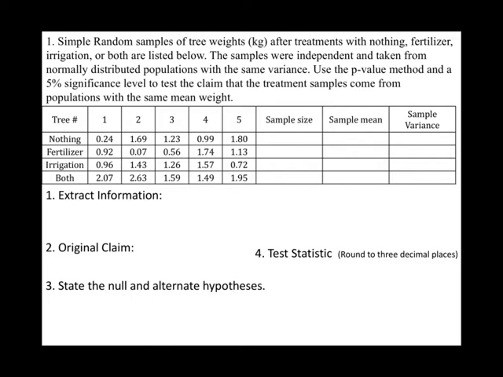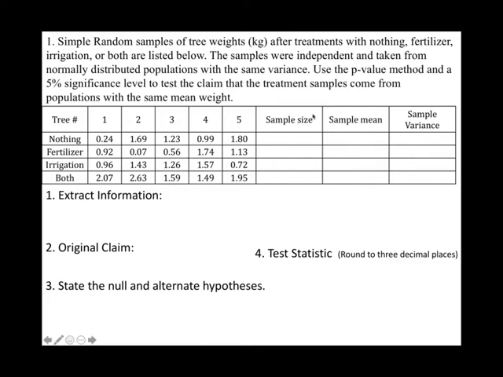So you can see we have more than 2 populations: 1, 2, 3, and 4. This is the first set of data for nothing, fertilizer, irrigation, and then both. So we have 4 populations.